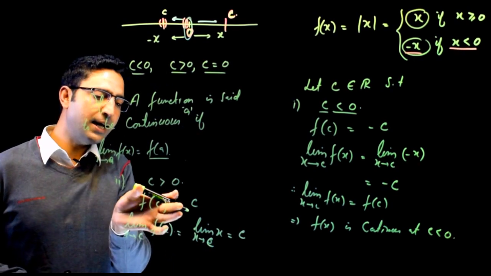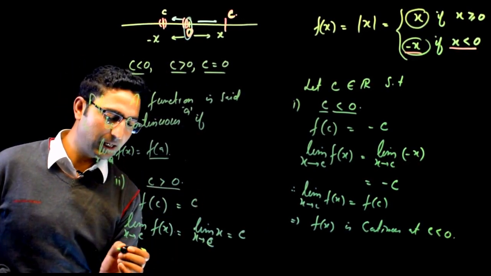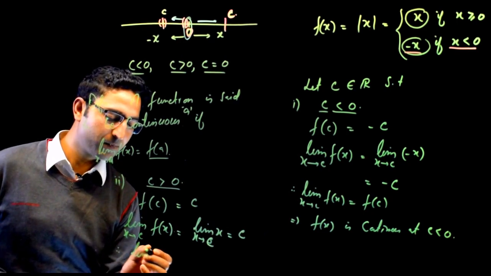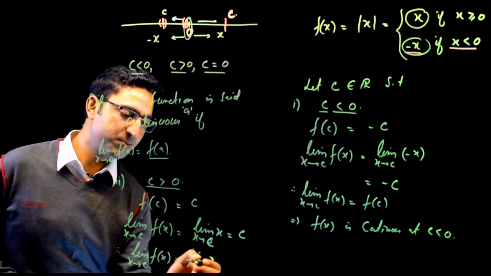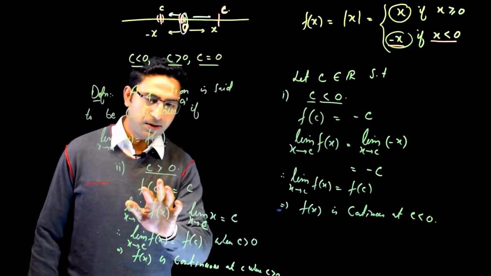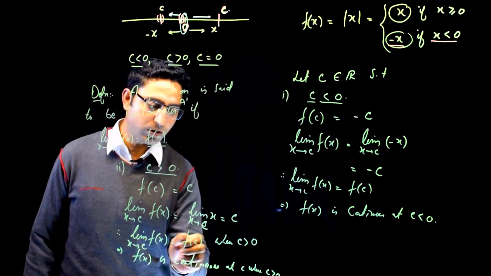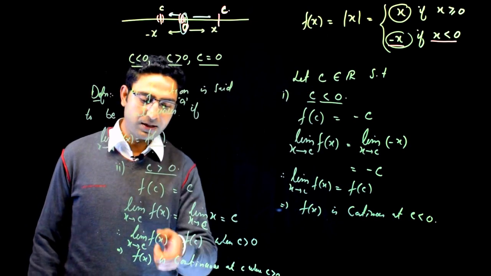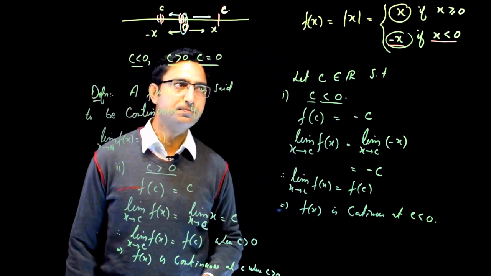Therefore the limit and the function value at c when c is greater than 0 are the same, therefore we can write limit x approaches c of f of x equals f of c. So for c greater than 0, this limit at c is equal to the function value at c, therefore the function is continuous for all those values of c which are greater than 0.